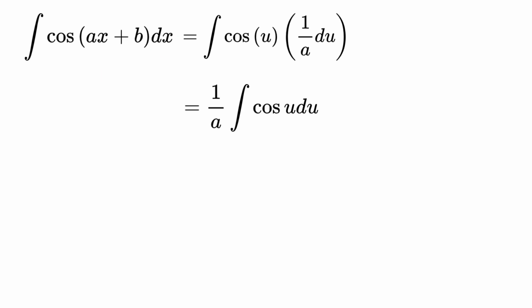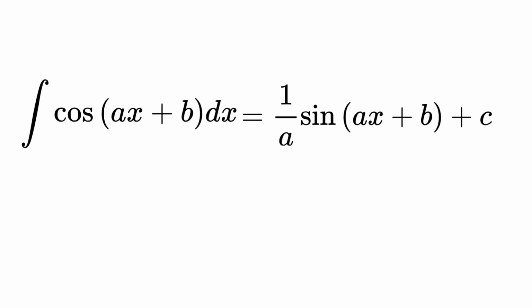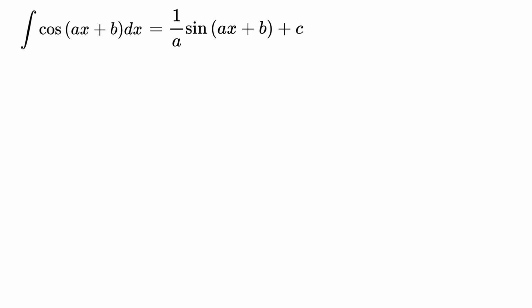We get 1 over a sin u plus c, then change u back to ax plus b, and we get 1 over a sin of ax plus b plus c. So the integral of cos of ax plus b dx equals 1 over a sin of ax plus b plus c.